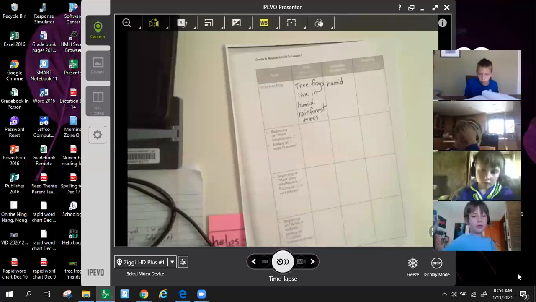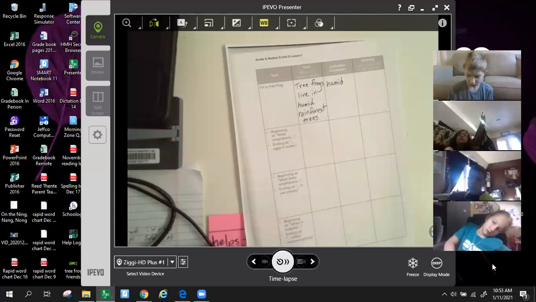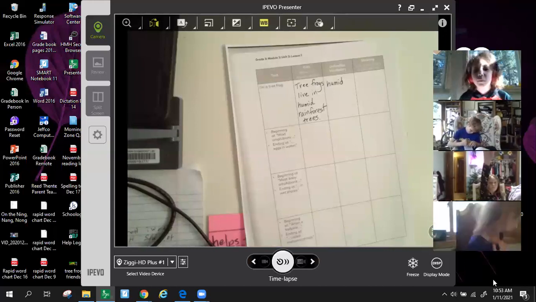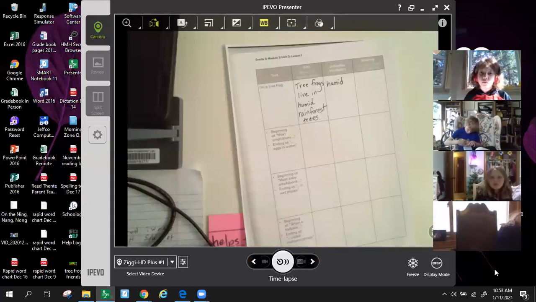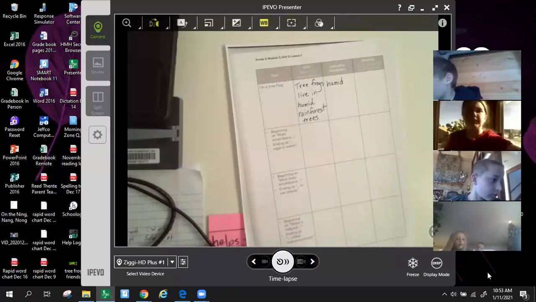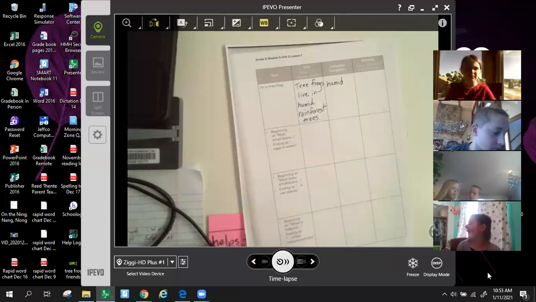Humid means like it's hot. It could mean that it's hot, but kind of like refreshing. Ah, okay. So what is it, it's the air, right? It has to do with the air, but how does the air feel?